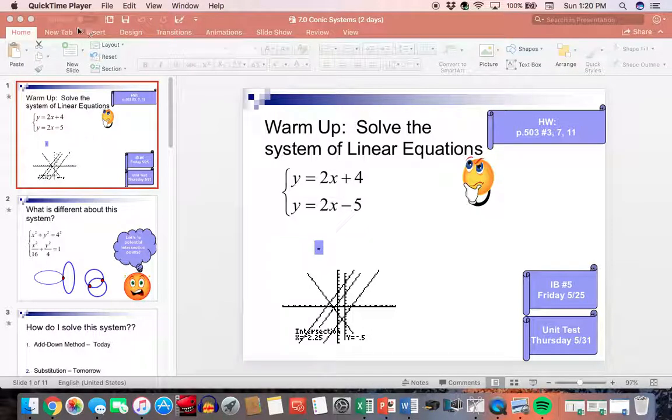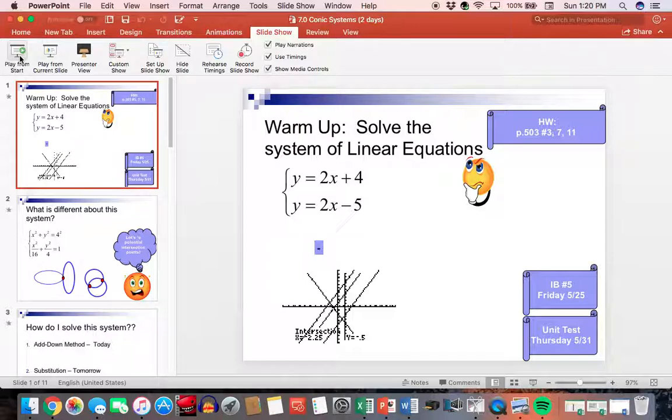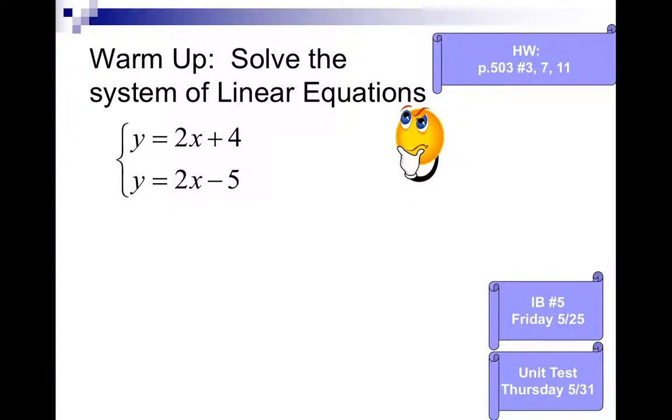Here is the first day of Conic Systems. If you notice, the book assignment only has 3 problems, 3, 7, and 11, so that shouldn't be too bad.